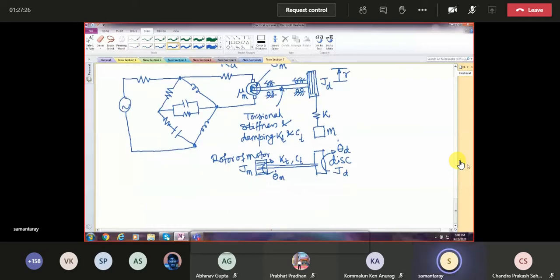Then we have the torque transmitted by the shaft.